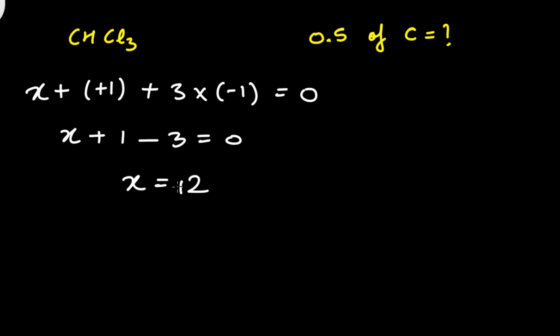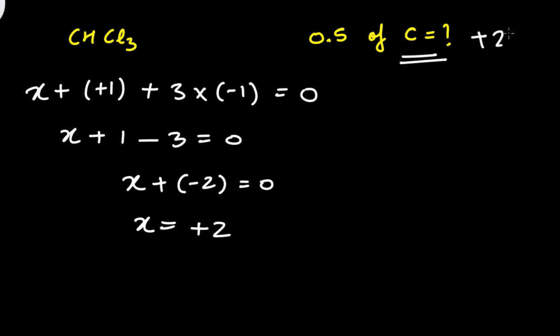Let's solve it a little bit more. X plus -2 is equal to 0. X is equal to +2. So in this case, the oxidation state of carbon is +2. Right? As the molecule changes, the oxidation state also changes. Remember this. Now let's move to the next.